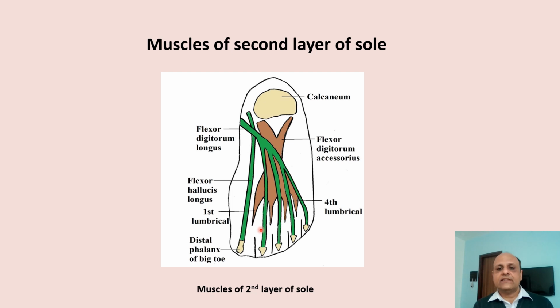So lumbricals maintain the extension of the interphalangeal joints for the second, third, fourth and fifth digits. So 4 lumbricals are there.